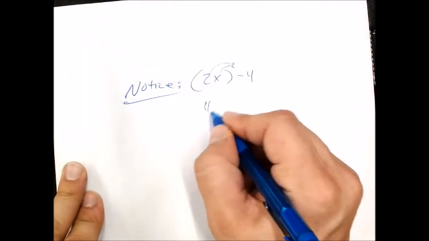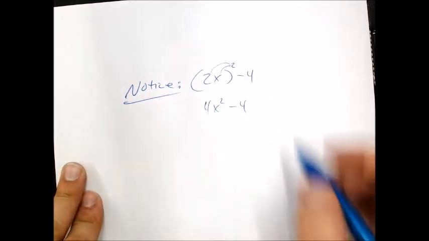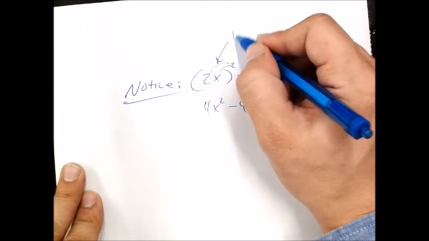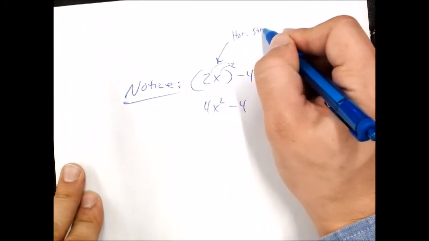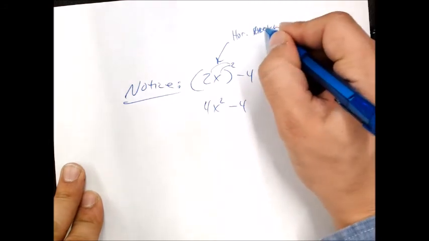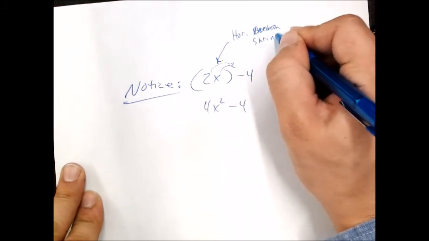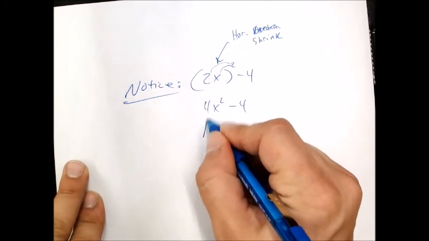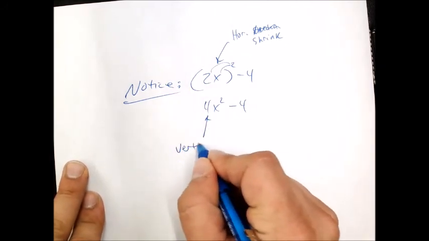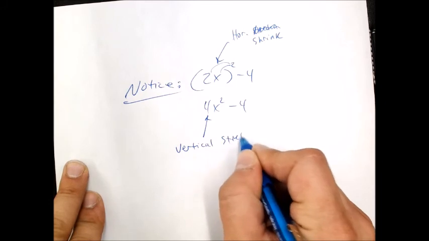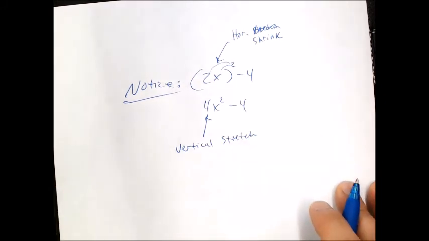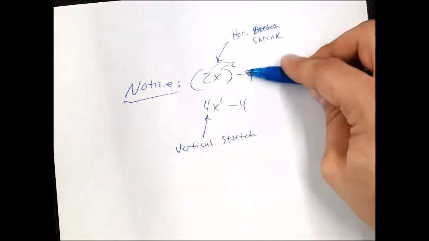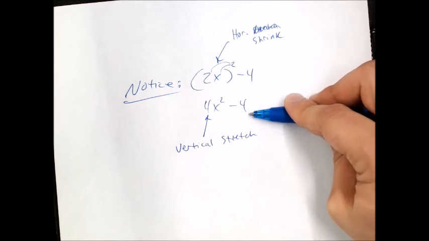This is the same thing as 4x squared minus 4. And so this is written as a horizontal stretch, actually as a shrink. And this is written as a vertical stretch. And so this horizontal shrink is the same thing as this vertical stretch.